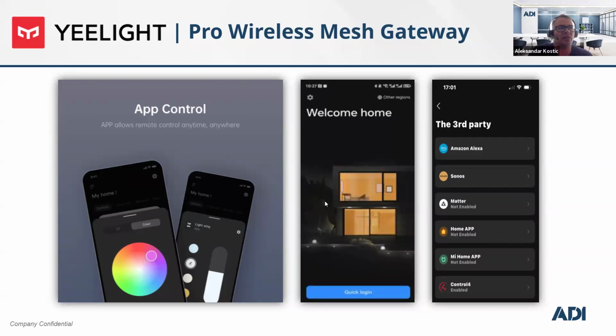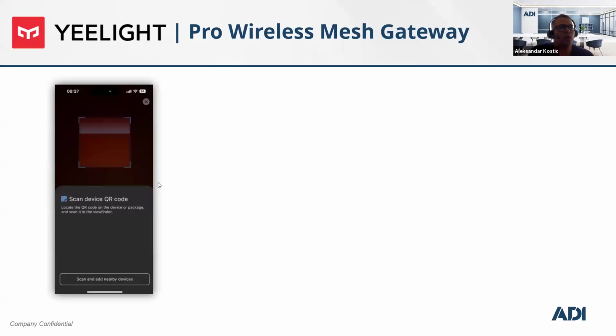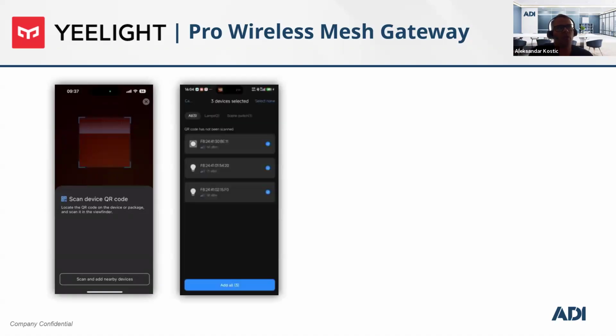When you run the application, first of all, you can scan the QR code directly from the devices and add devices that way. The QR code is available on the packaging of the device, so it establishes the communication using Bluetooth directly.